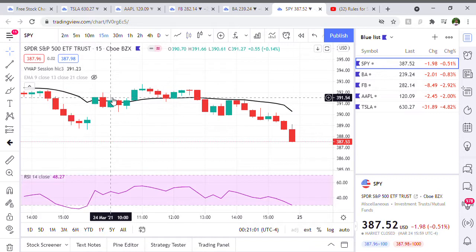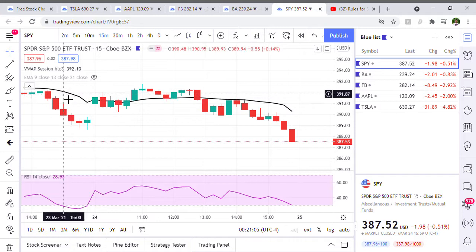But before we go there, we have to also remember the 2-hour chart. What have we analyzed from the 2-hour chart of SPY? SPY is in bearish mode starting from 1:30 p.m. on the previous day, 23rd March. The 1:30 to 3:30 p.m. 2-hour candle is a big red candle, which clearly indicates SPY is in recent bearish mode.